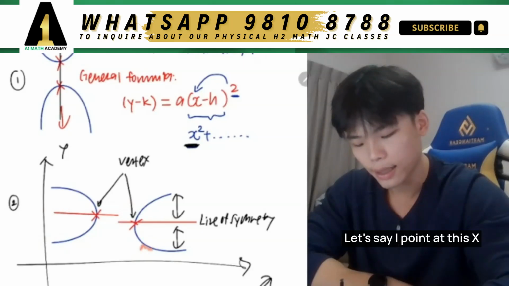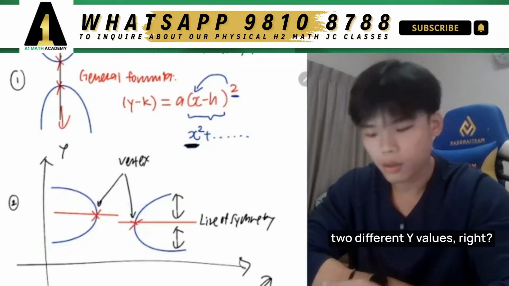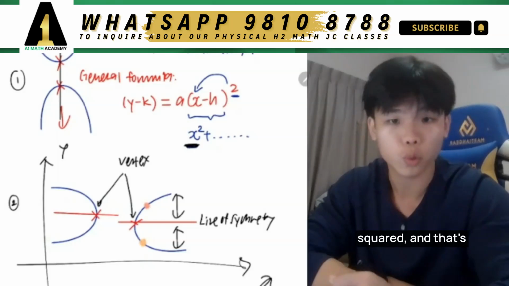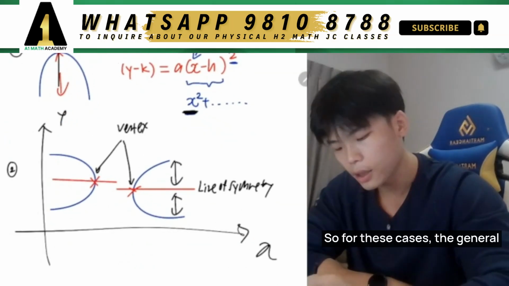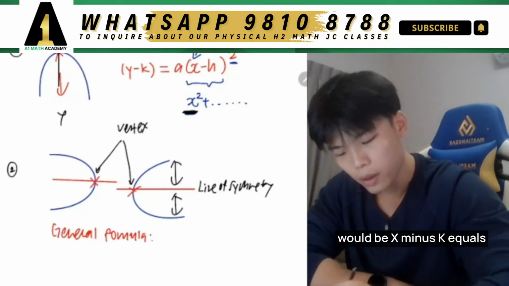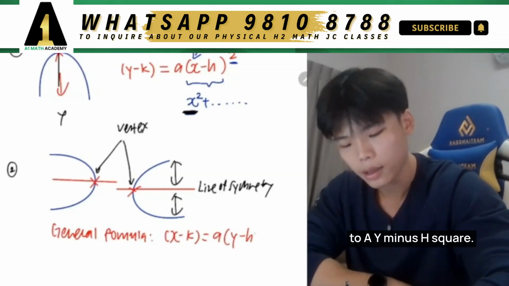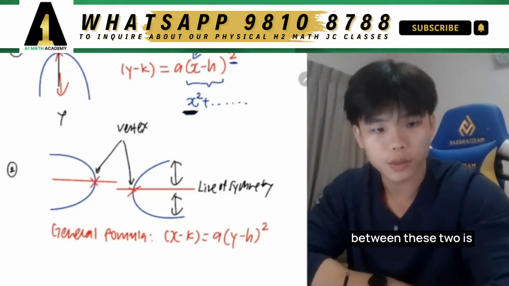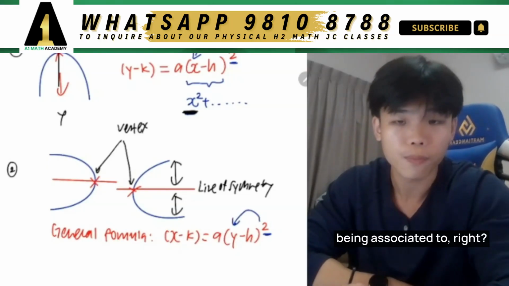Each y value is being squared, and that's how we actually get 2 different y values. So for these cases, the general formula would be the opposite. The general formula for this would be x minus k equals a, y minus h squared. So the only difference between these two is where the squared is actually being associated to.